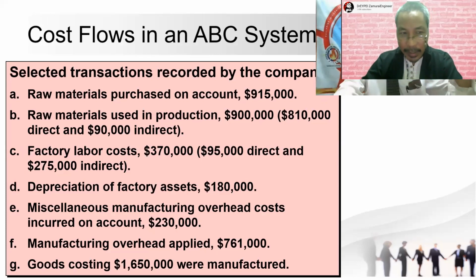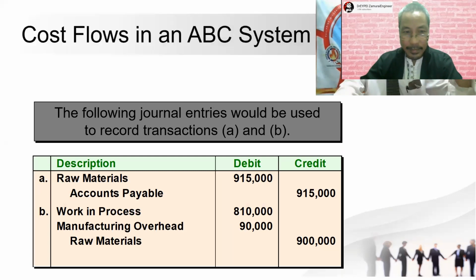So letter B, raw material used in production, 900. Meaning 810 direct and 90 indirect. How to do it? Labor cost. Our labor cost is overhead.